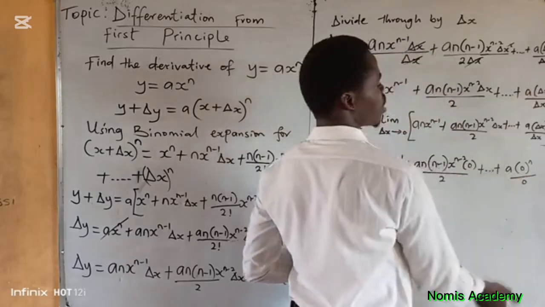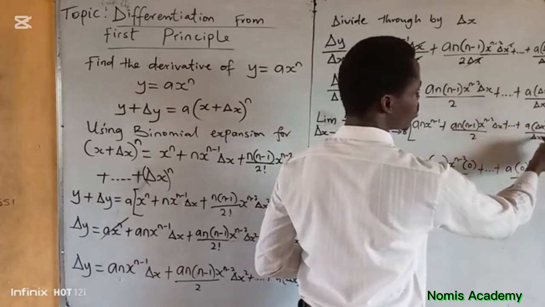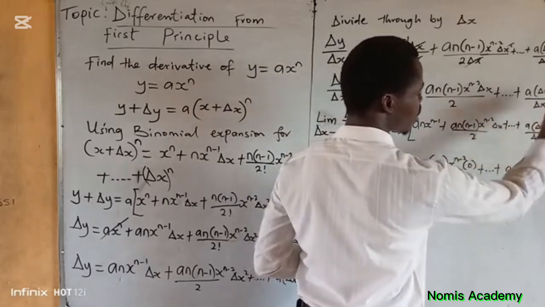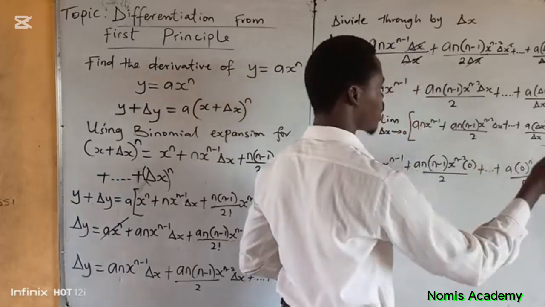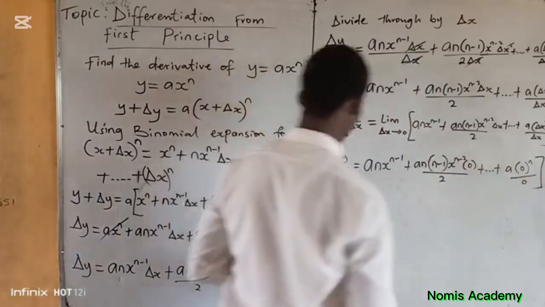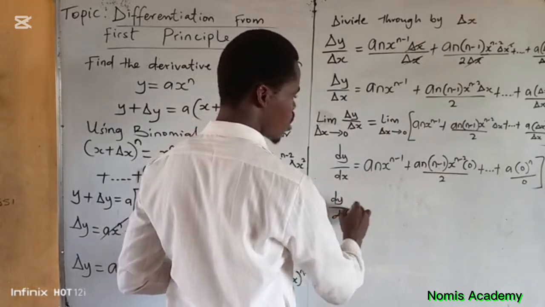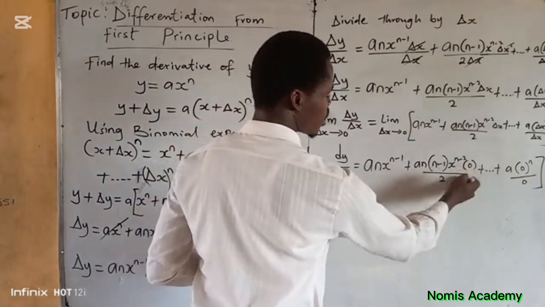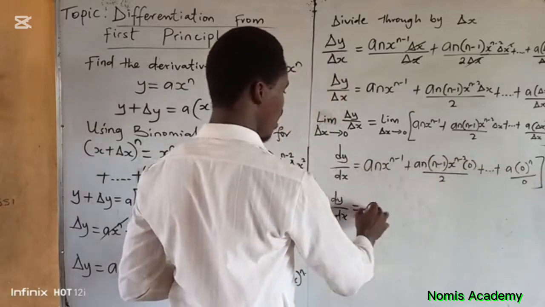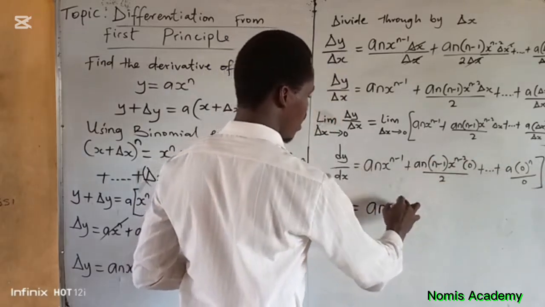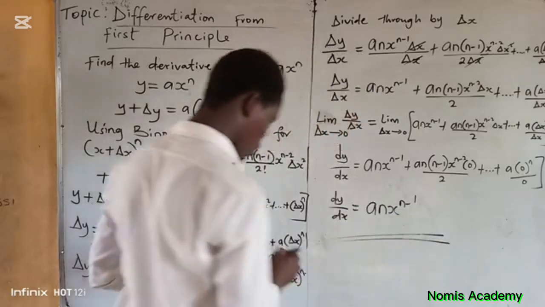Of course, this will cancel out. By the time this cancels this, we are left with just delta x, so the whole of this will amount to 0. So we have dy over dx equal to 0 multiplied by all this is 0, and this is 0. So we are left with a n x n minus 1. So this is the final solution.